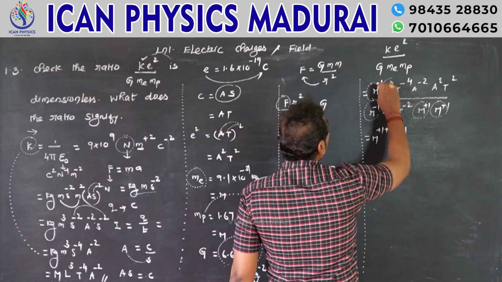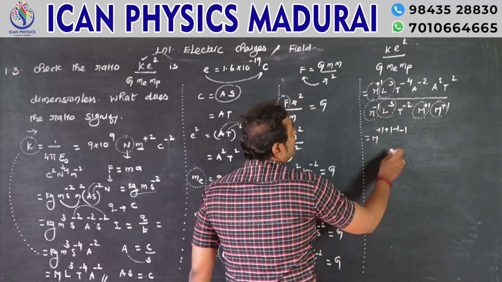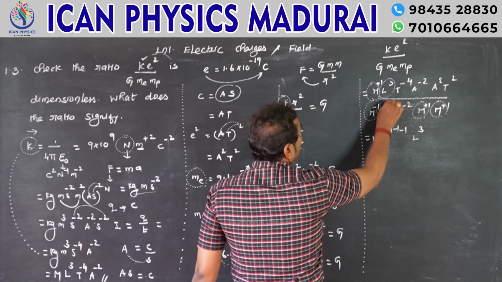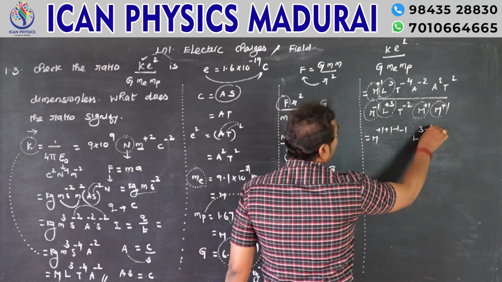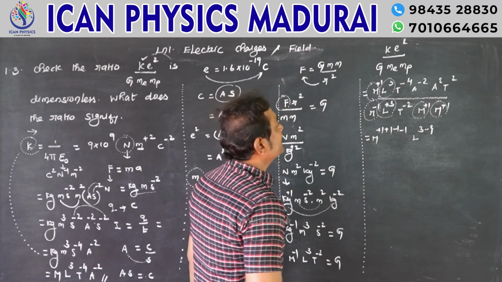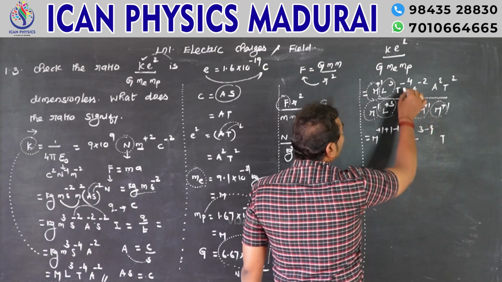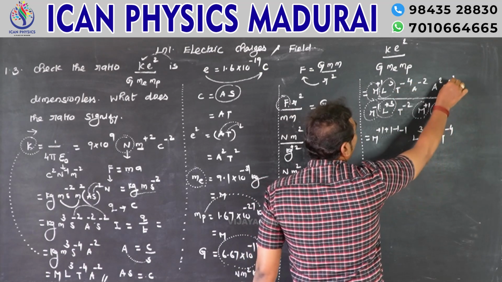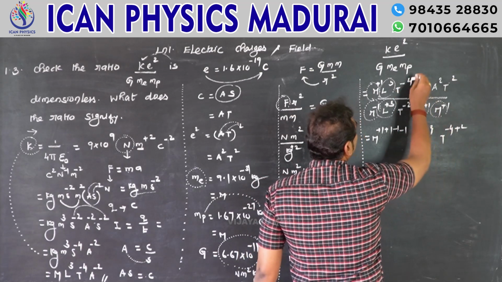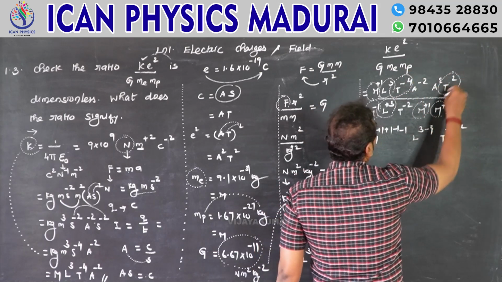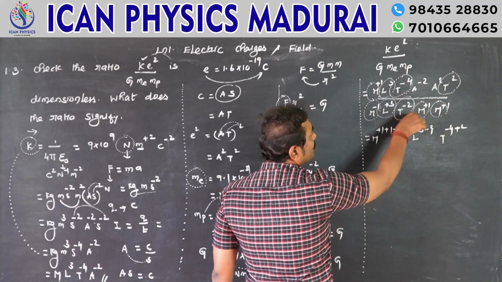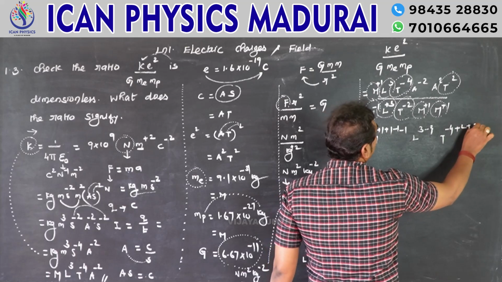Next we can go for L cube. So L power 3, the plus 3 goes to the numerator as minus 3. Next we can go to T. So T power minus 4. Here we are having plus 2. T power 2, the minus 2 goes to the numerator as plus 2.